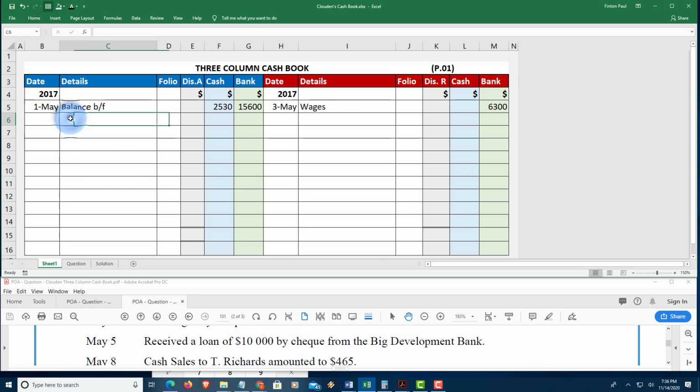Money is coming in. The loan is coming from Big Development Bank. It's $10,000.